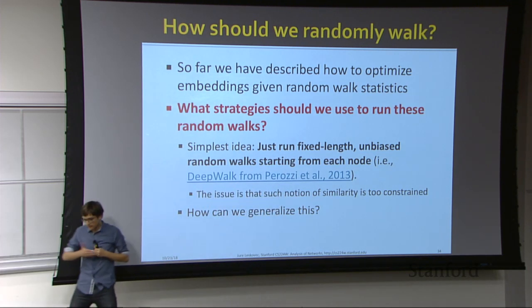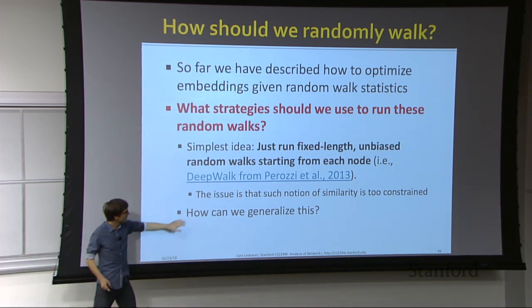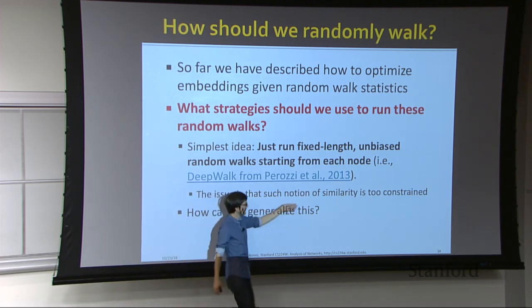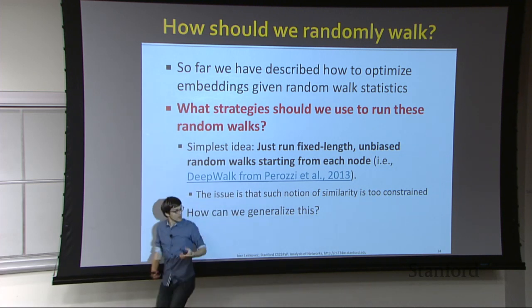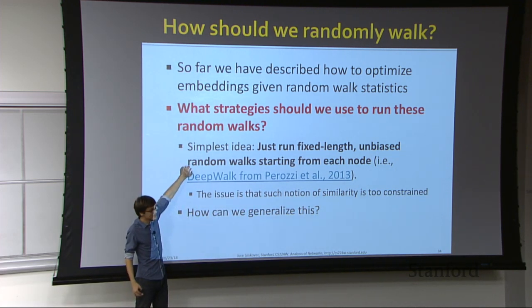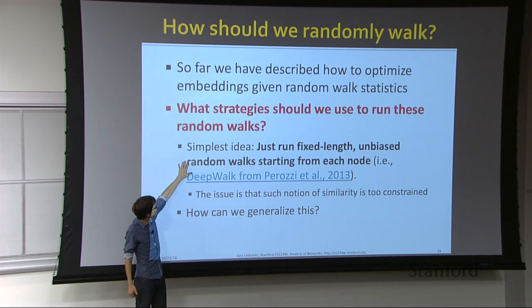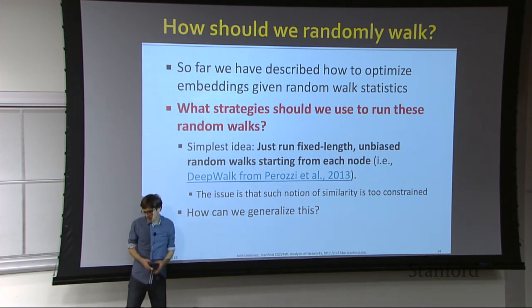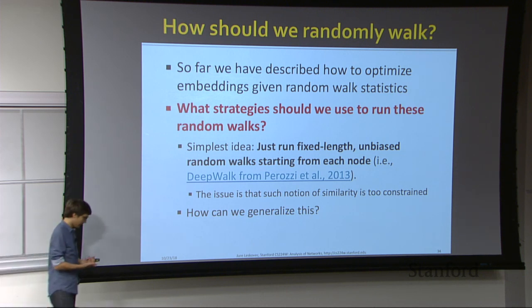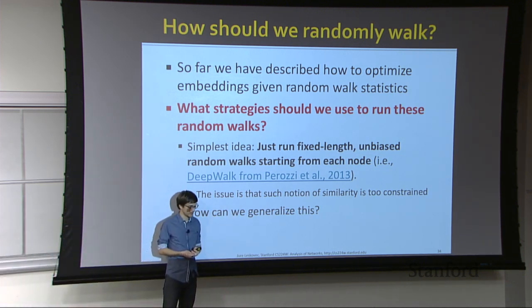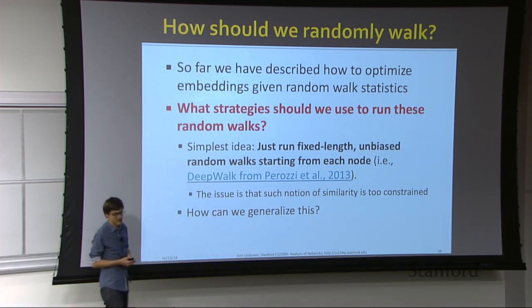And this is what I presented so far. The issue here is that you want to have different notions of node similarity encoded, as Camilo was saying. So these fixed length, unbiased random walks are not necessarily the best solution. So the question is, can we make these random walks more interesting to capture richer notions of node similarity?